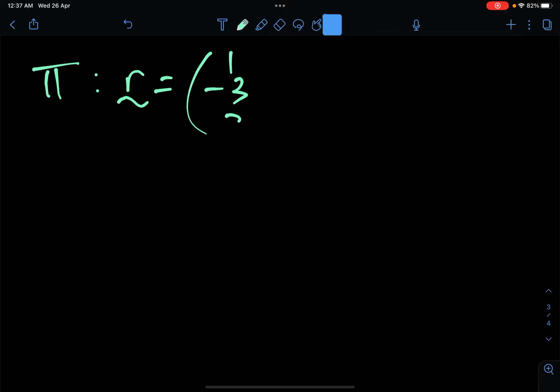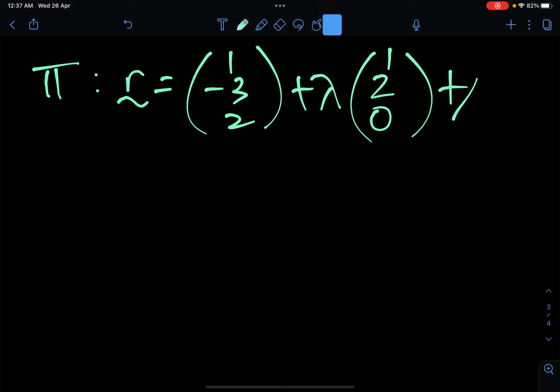(1, minus 3, 2) plus lambda (1, 2, 0) plus mu (0, 4, minus 2). This is the plane equation of a plane.